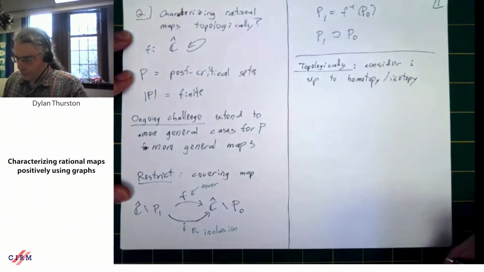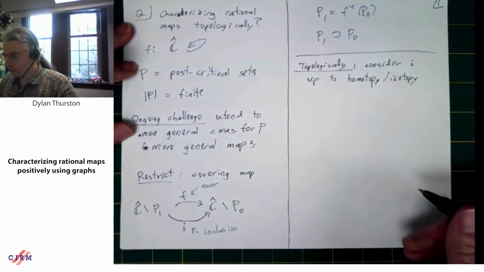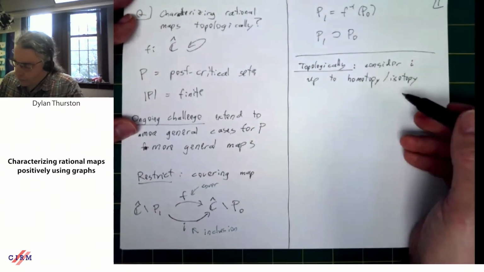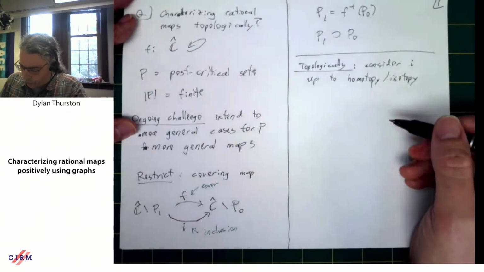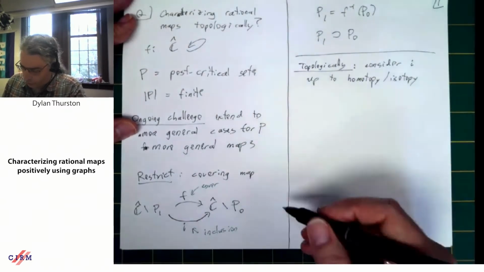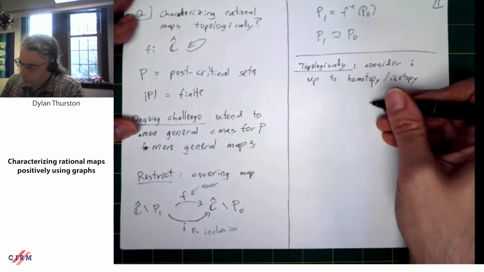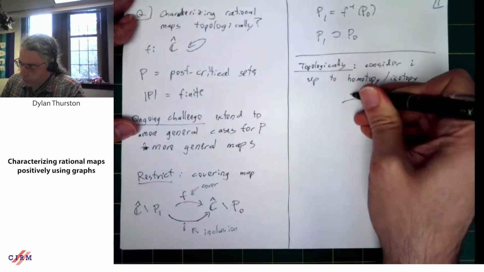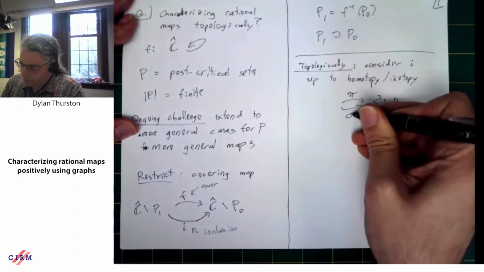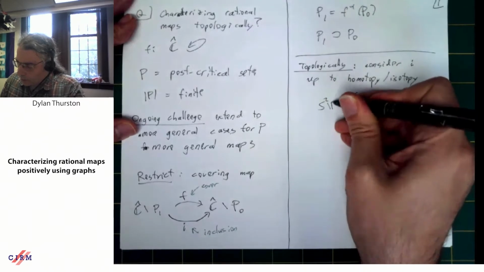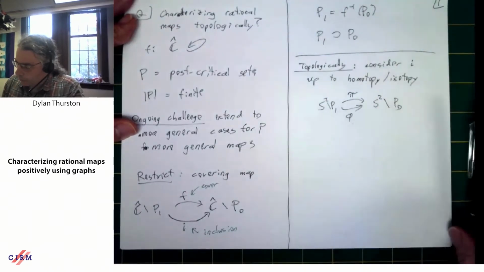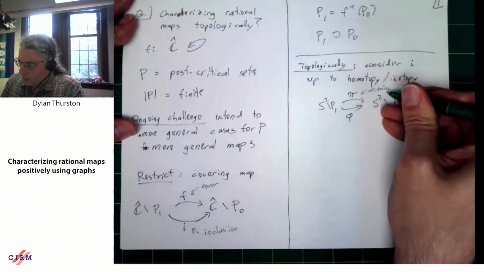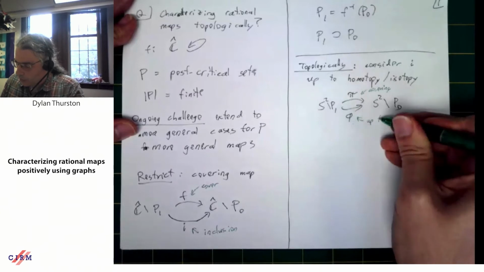These are equivalent, but not in an obvious way. But they are equivalent. And once we've done that, we can also forget about the complex structure. So really we have two different maps between two different punctured spheres. Let me relabel them. One of them is a covering map, and one of them some other map, which we're only considering up to homotopy.